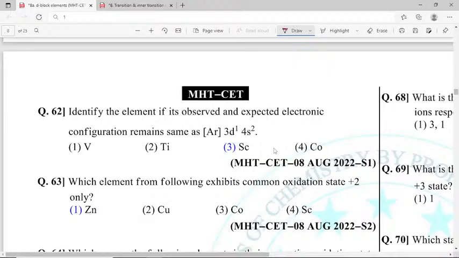Identify the element if it is observed an expected electronic configuration 3d1 4s2. Scandium is the answer. Argon 18, 18 plus 1 plus 2 becomes 21, so atomic number 21, scandium.